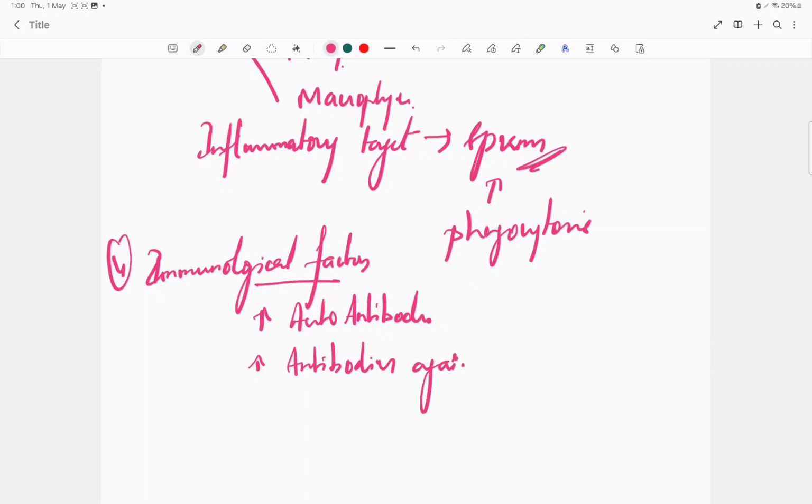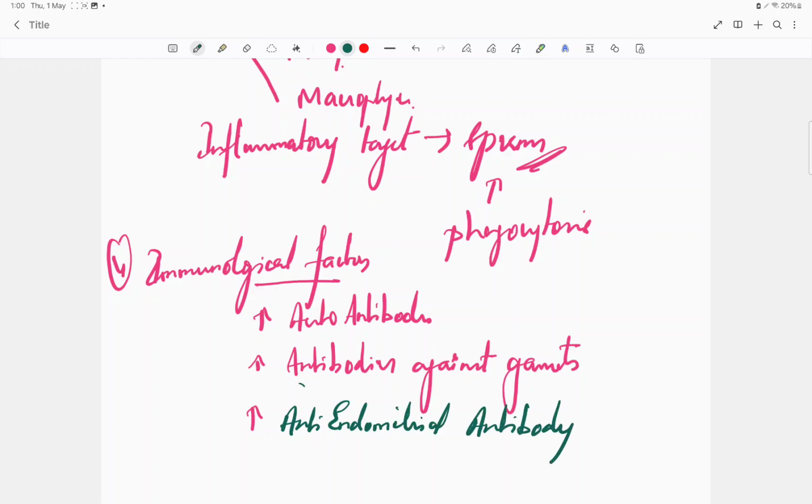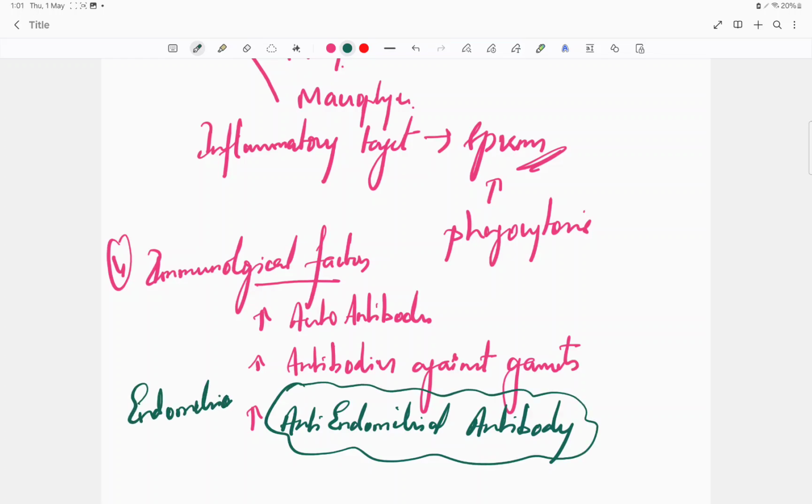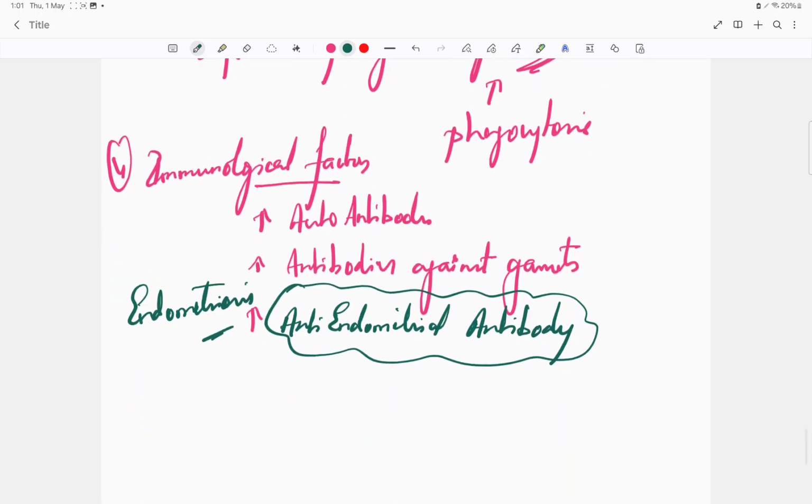Against gametes, non-specific, okay? Here, very, very important, this is an MCQ which is asked in exam, that is anti-endometrial antibody. This is asked in exam. Anti-endometrial antibody can be seen in the case of endometriosis. Make this as a point.